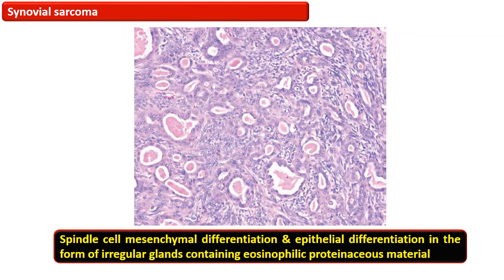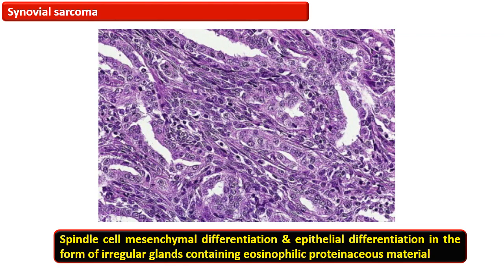Sometimes these glandular spaces lined by malignant cells exhibit proteinaceous material within the lumen, while you can see an abundance of spindle cells in the background. The biphasic pattern is characterized by epithelial and mesenchymal sarcomatous components, but these terms are descriptive only. They do not reflect the histogenesis of these cells.